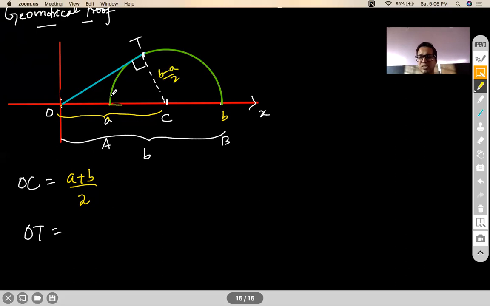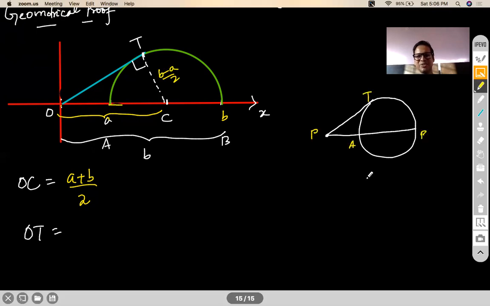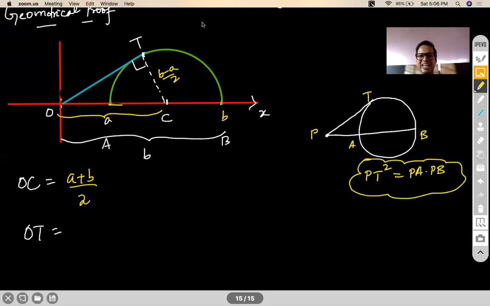You may use Pythagoras theorem, but you may also use a law which you had learned in class 10th. I would like everybody to recall this law. From an external point, if you draw a tangent, and from the same point you draw a secant, recall that PT square is PA into PB. How many of you remember this? Childhood days? Yeah, Gayatri remembers.